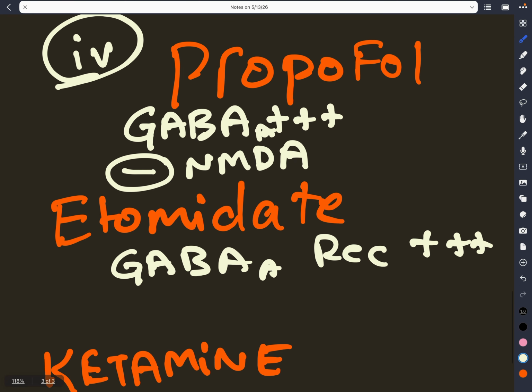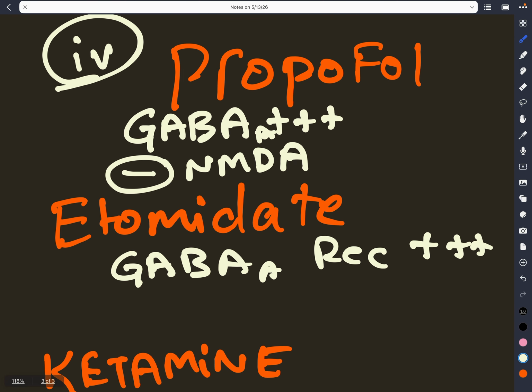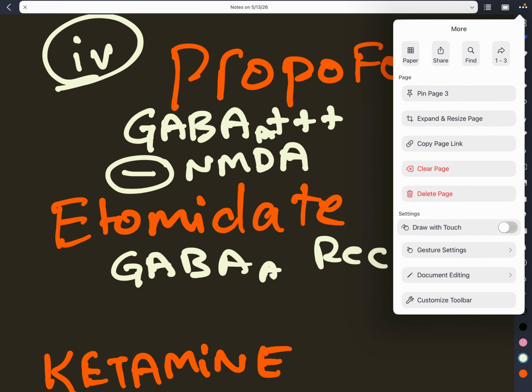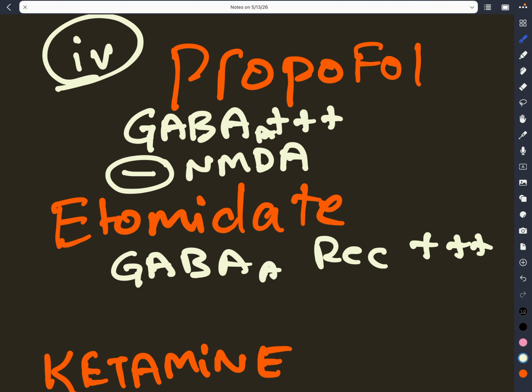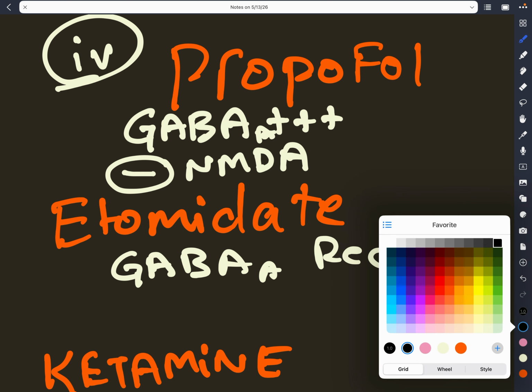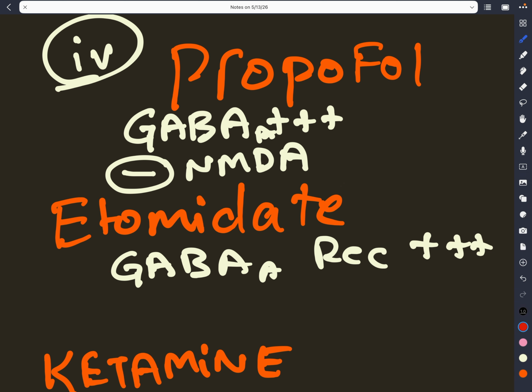So let's learn about the adverse effects of all the IV anesthetic drugs. Number one, the adverse effect of propofol is that it decreases blood pressure.